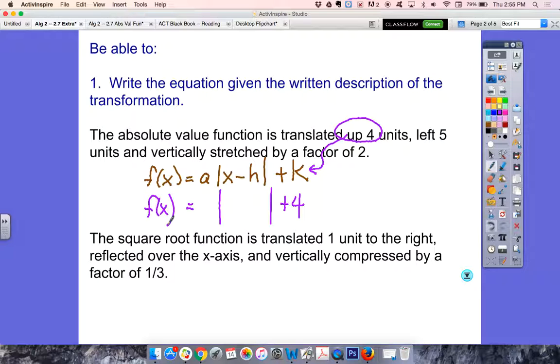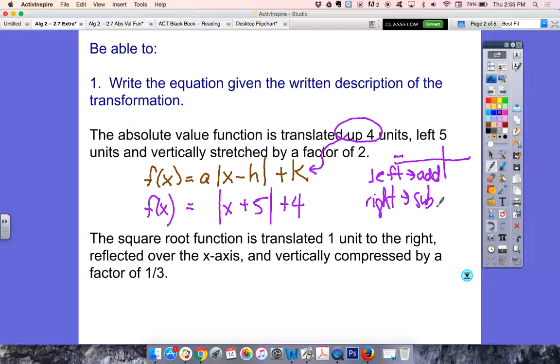And then it says left 5. Now, if you go left, that's where negative numbers live, so you've got to do the opposite when you stick it in here. So it's going to be plus 5. So left is add, right is subtract. If you didn't catch that earlier, that's the shortcut. Left, add, right, subtract.